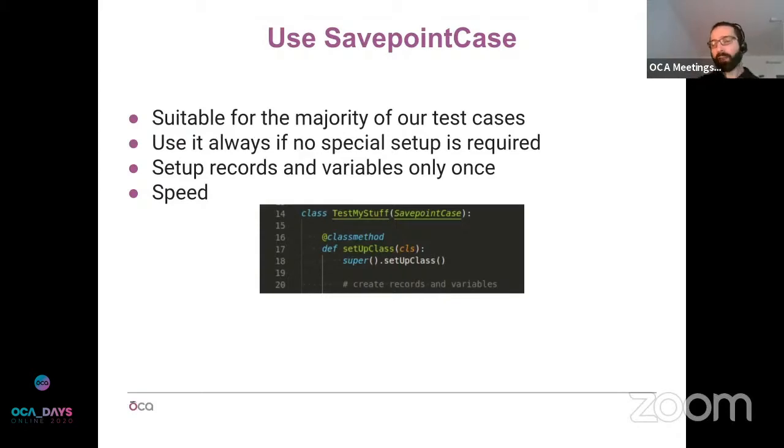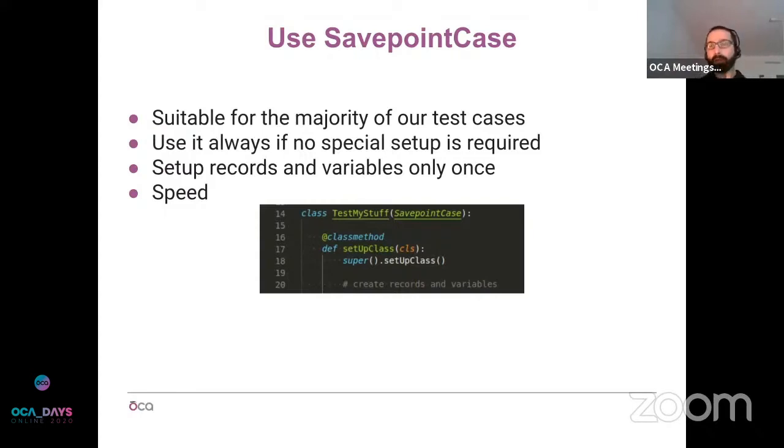And what I see in the OCA, and not only in the OCA, also in customer projects, is that a lot of records, like a partner, a sale order, any record that you might need for your test, are often created and recreated for each test.